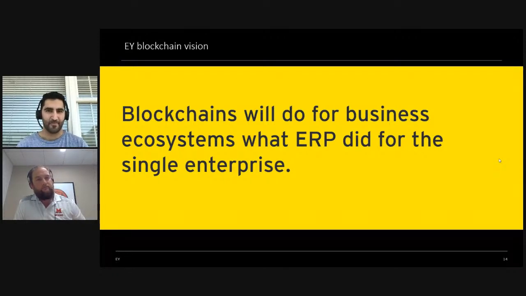So in a single enterprise in the 1980s, we had digital systems, but different business functions were siloed. Think of a factory that needs to plan for production capacity. You have your sales folks getting orders in.